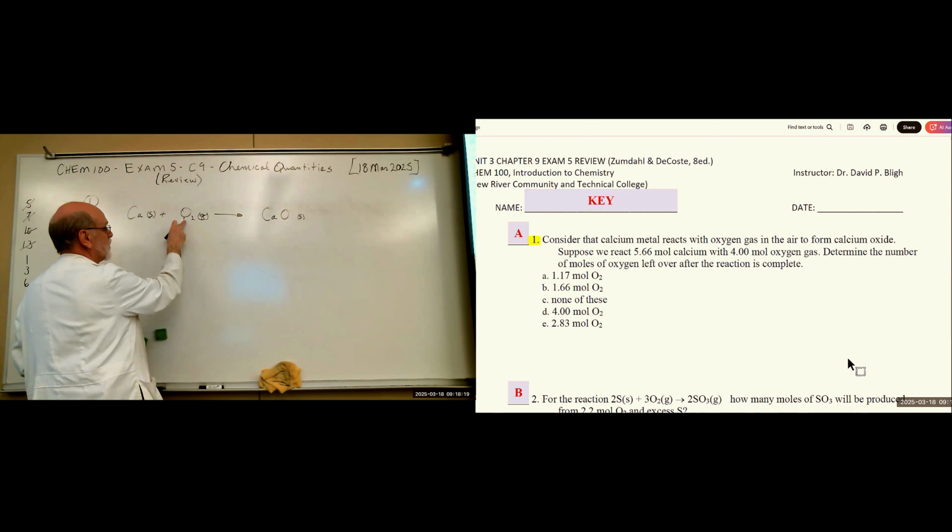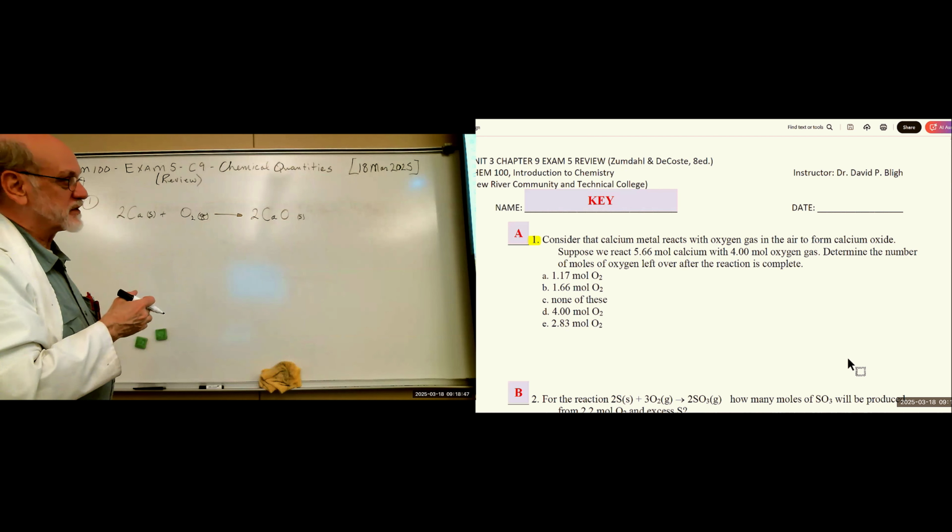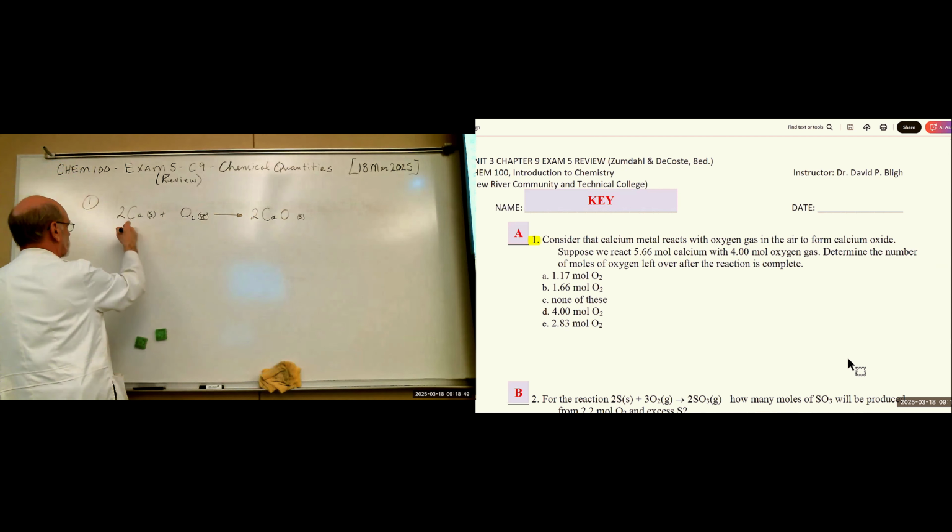So that's the first step. Write the equation correctly, balance it, then look to the problem at the amounts. 5.66 moles of calcium are reacted with 4 moles of oxygen.